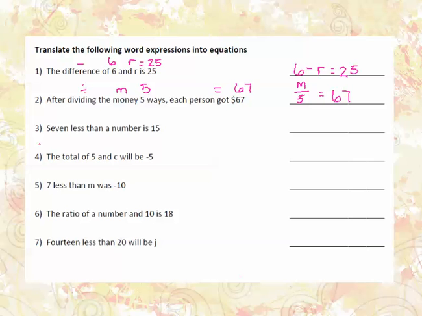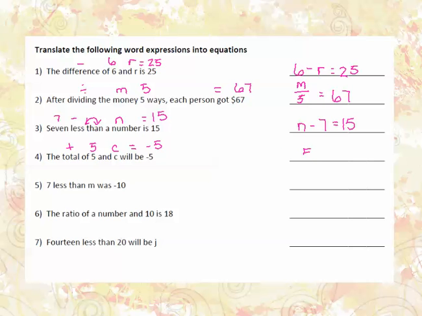Alright, let's check our work really quick. So we have 7 less than is a flip word. A number, which we don't know, could be a letter, is 15. So whenever we rewrite this with our than, we're going to have n minus 7 equals 15. For number 4, the total, which is an add word, of 5 and c will be negative 5.